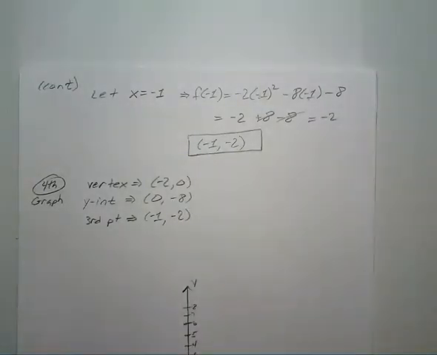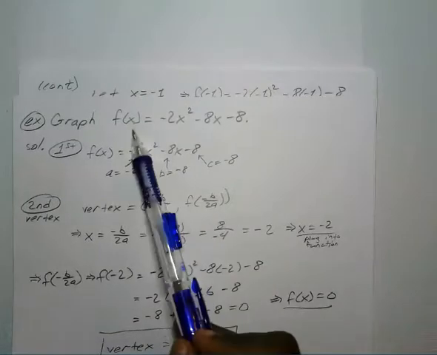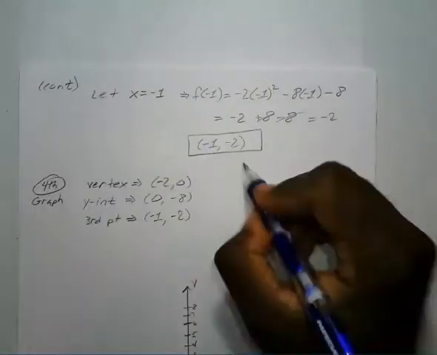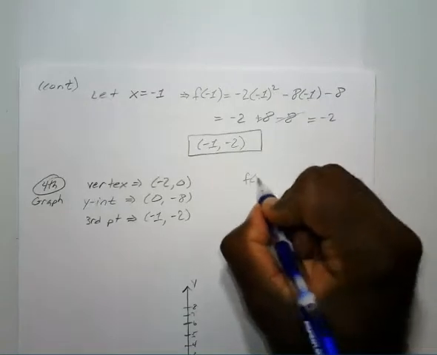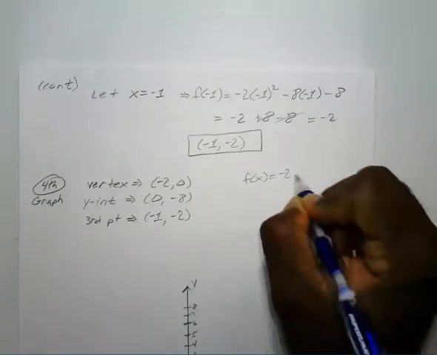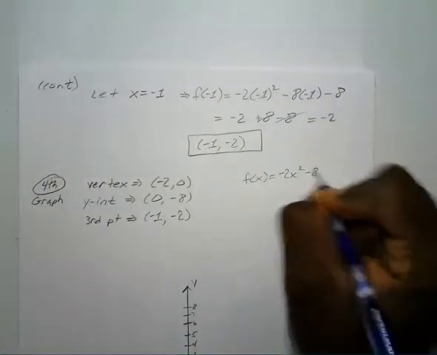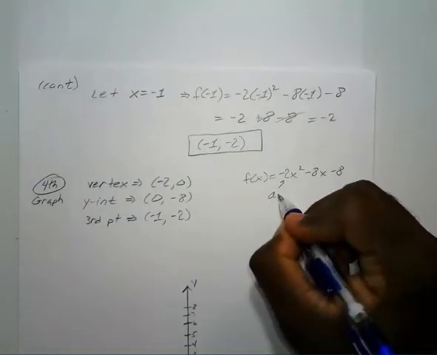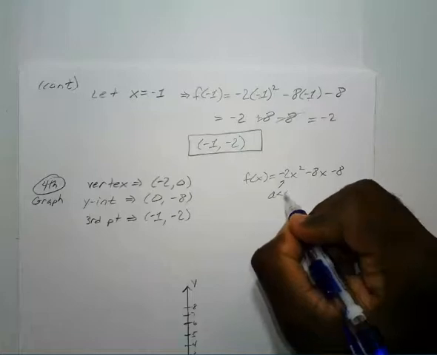Now, if you look back to the original function, f of x equals negative 2x squared minus 8x minus 8, we see that a is less than 0.